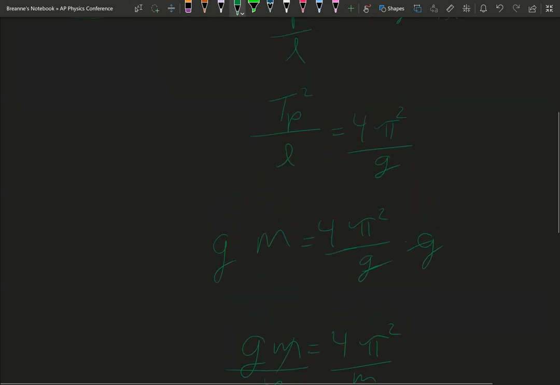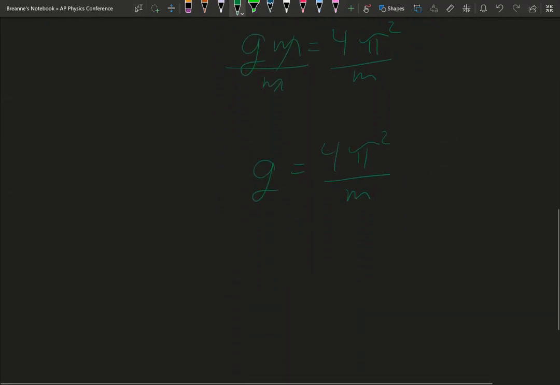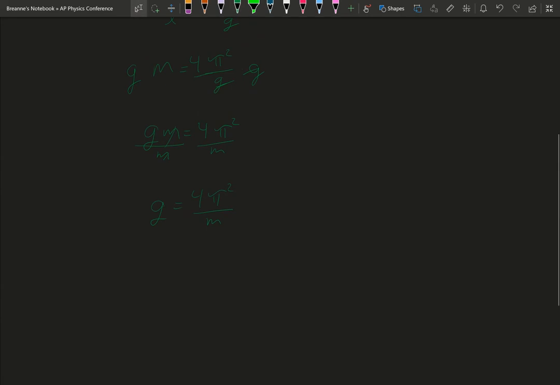So there we go. You actually got a point for getting this far, and then a point for getting this far. So that is part C double I, and we're going to jump to part D.